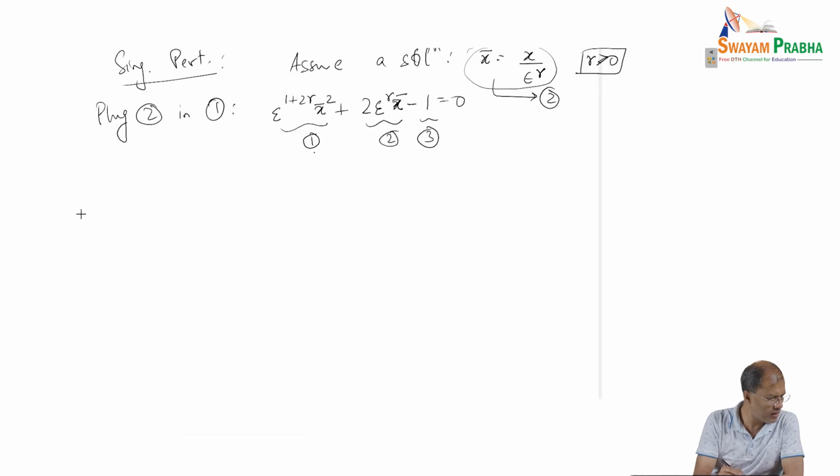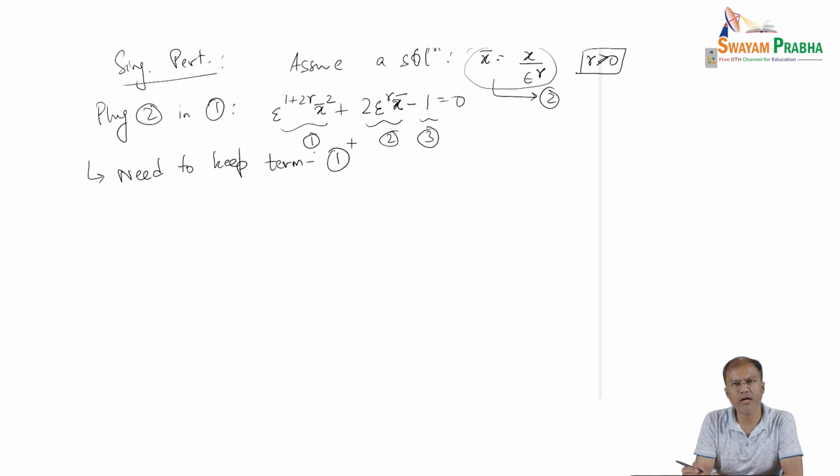So the first observation is we need to keep term 1, otherwise the highest order term is gone and we are back to square 1. So then the only problem now is on the right hand side we have 0.